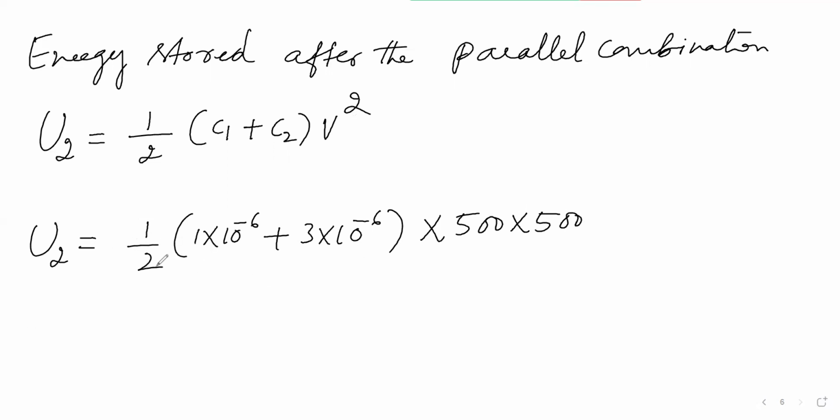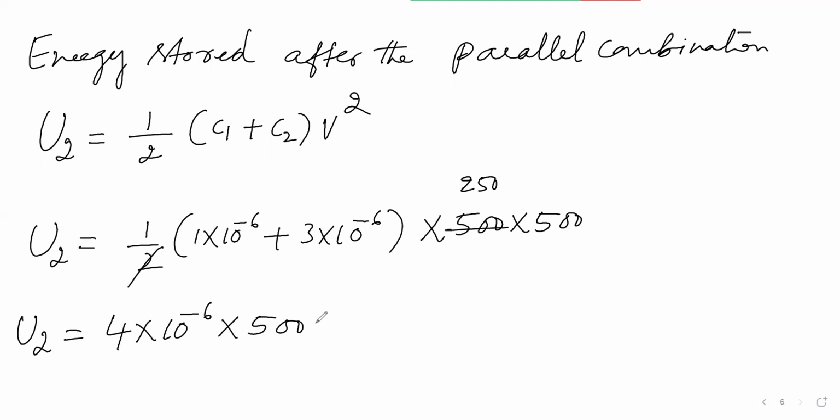Now we can simplify this. Half of 500 is 250. U2 equals 1 plus 3 is 4, so 4 into 10 to the power minus 6 into 500 into 250. If we simplify this, we end up with 0.5 joules.